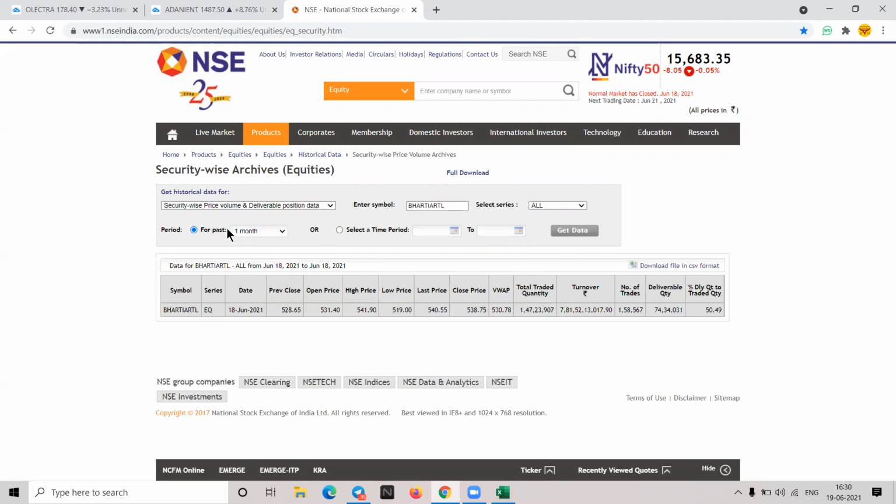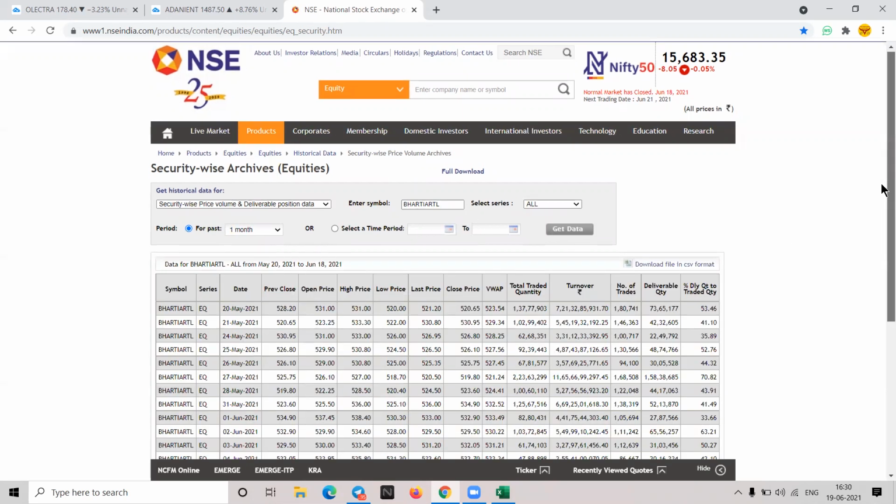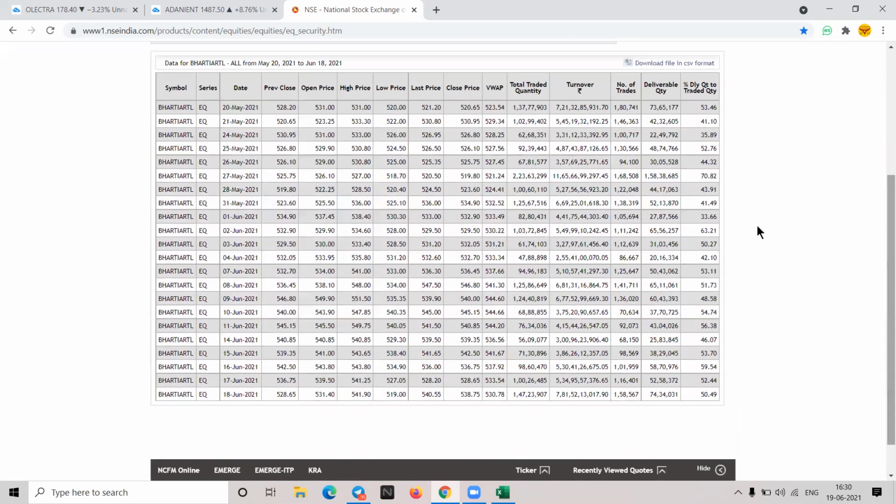Here I have selected past 1 month. Okay, and now I want to see the data. So now this is giving me complete data of Bharti Airtel from last 1 month.